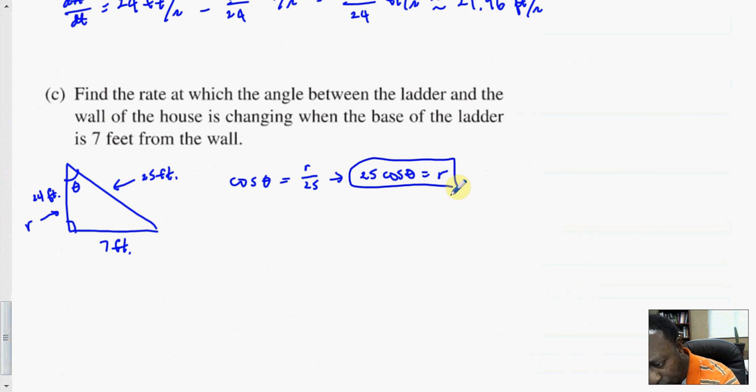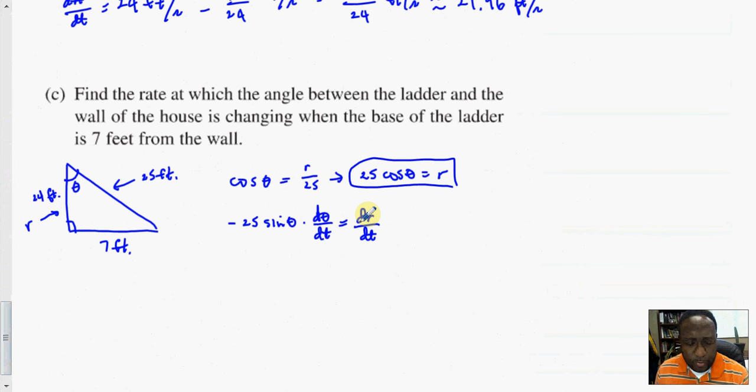Let's take this equation and differentiate it using the chain rule. So we get negative 25 sine theta times the derivative of theta. That's d theta over dt with respect to time. That's equal to dr over dt.